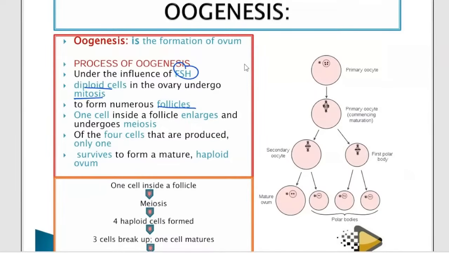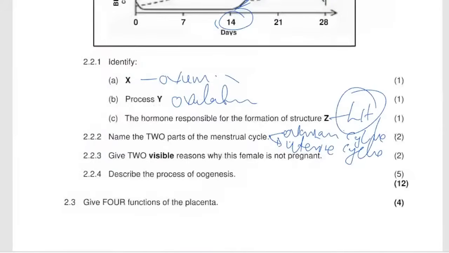Only one inside the follicle will enlarge to undergo meiosis, and of the 4 cells, only one survives to produce a mature haploid ovum. So that is it. Don't explain the primary oocyte and the secondary oocyte. We don't want those. We just want that. Okay. Then we go to the next question.